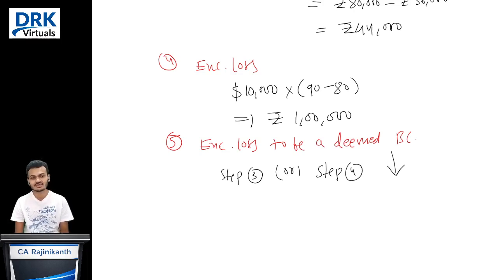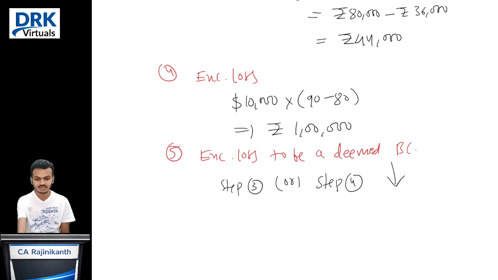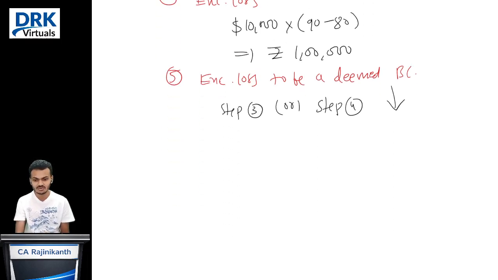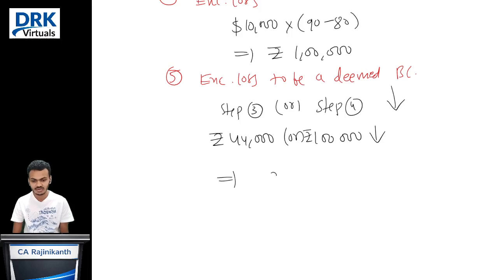We can treat it as a deemed borrowing cost. So what is the amount in step 3? It is 44,000. In step 4, it is 1 lakh rupees. The lower of this would be rupees 44,000. So this is the amount of exchange loss we can treat as a deemed borrowing cost.